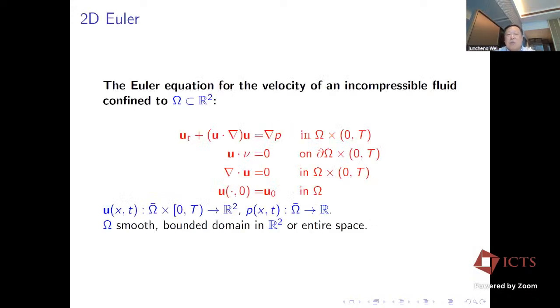The 2D Euler in a bounded domain, in terms of velocity, is u_t plus u dot gradient u equals minus gradient of the pressure, with the no-flux boundary condition, incompressible, and the initial condition. Omega is a smooth and bounded domain in R2 or the entire space.